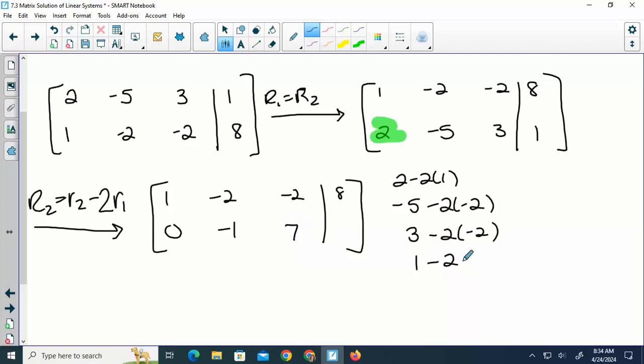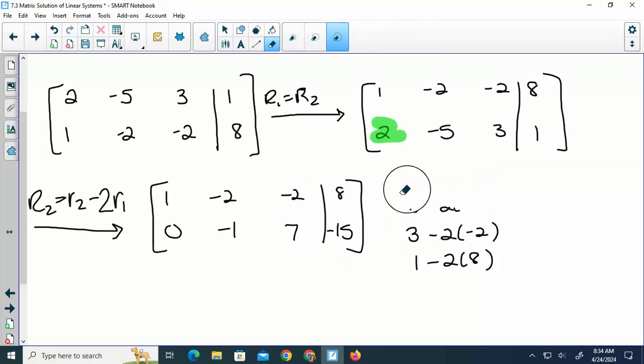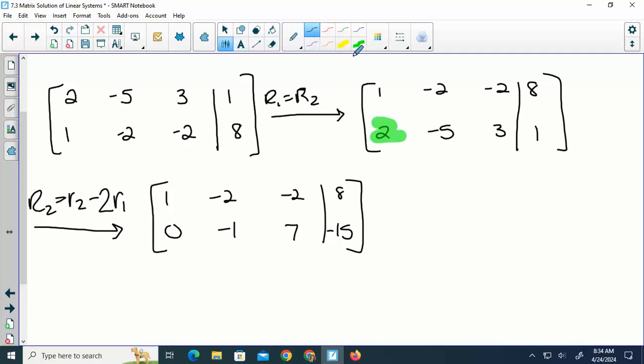1 minus 2 times 8. So 1 minus 16, negative 15. Alright. So I got my first column done. Second column, what do I need to do?